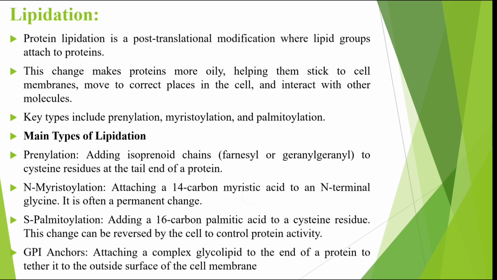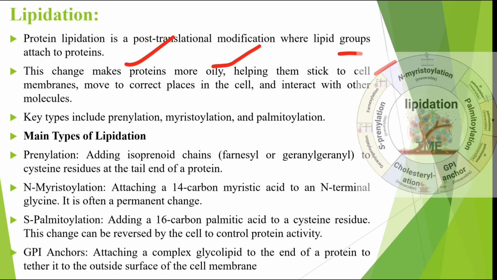Next, lipidation. It is a post-translational modification where lipid groups attach to proteins. This change makes proteins more oily, helping them to stick to the cell membrane, move to the correct place in the cell and interact with other molecules. Key types include prenylation, myristoylation and palmitoylation. What is prenylation? It is the adding of an isoprenoid chain to a cysteine residue at the end of the protein.